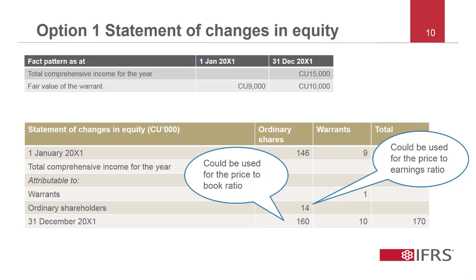Some of you may find this counterintuitive, as Company A as a whole made a profit. In some circumstances such as this, the full fair value approach could distort the company's price to earnings or price to book ratios. Unlike this approach, option 2 is based on relative fair values.